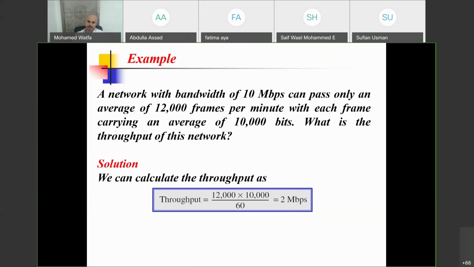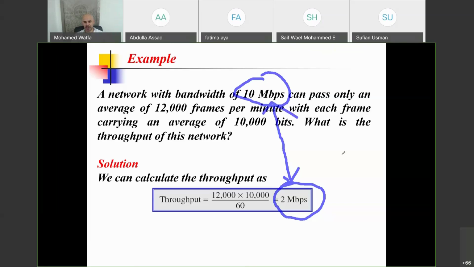But I want you to understand, the window we had is 10 mega, but my throughput is 2 mega. So how much am I utilizing? How much of my bandwidth? 20%.